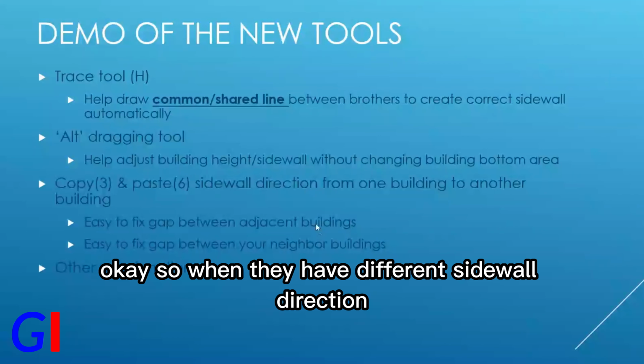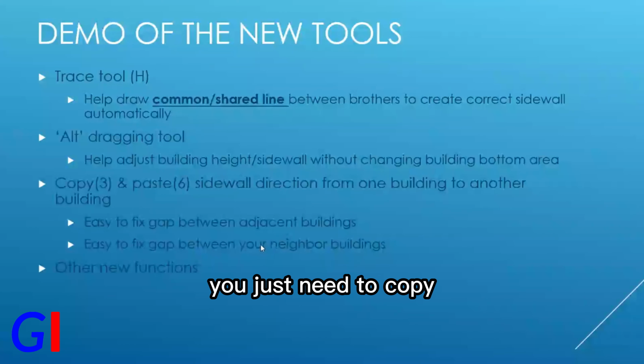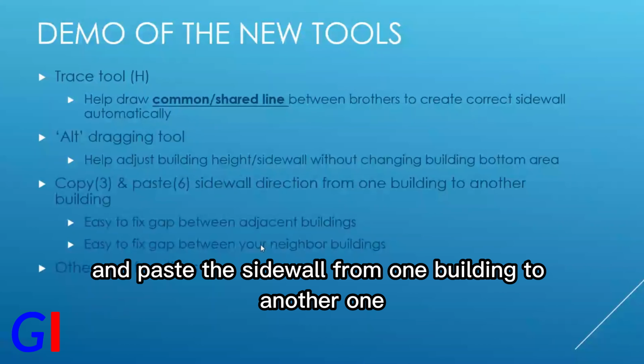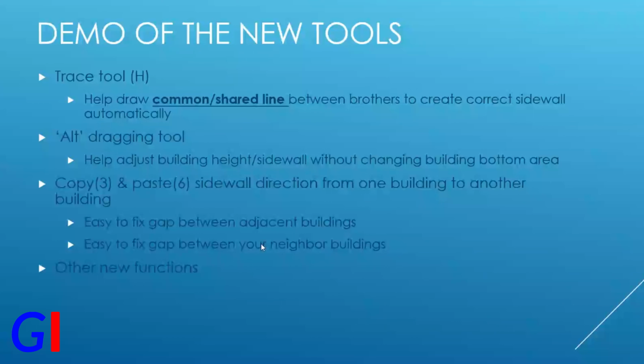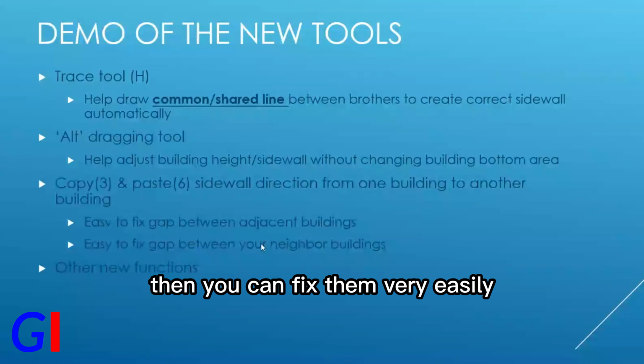When they have different sidewall directions, you don't need to reject the sidewall. You just need to copy and paste the sidewall from one building to another one, and then make them have the same direction. Then you can fix them very easily.